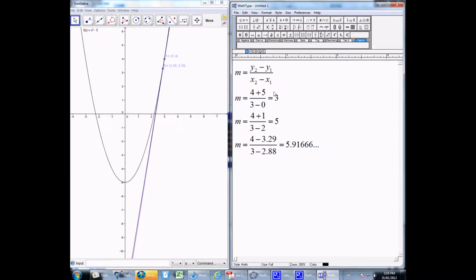So again, we can say that 3 was a good approximation, 5 was better, but so far, this 5.9166 is the best. Let's see if we can even do better. What if I moved B as close as possible?